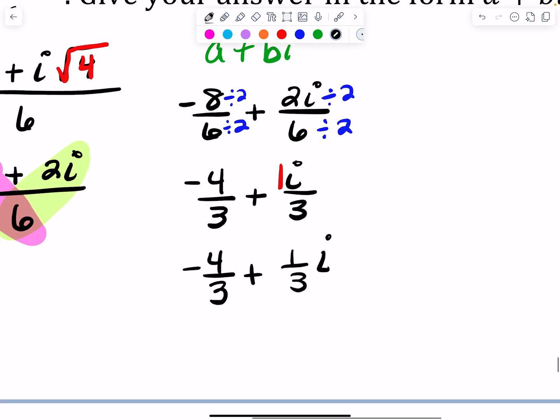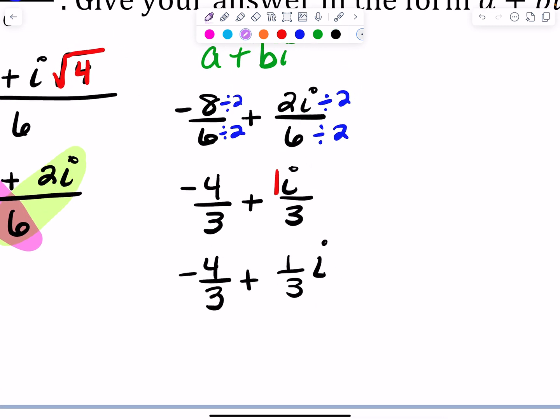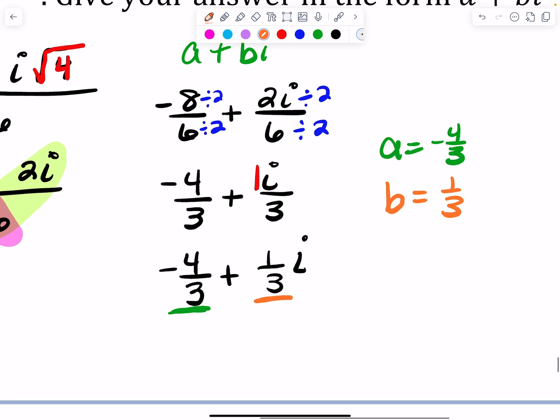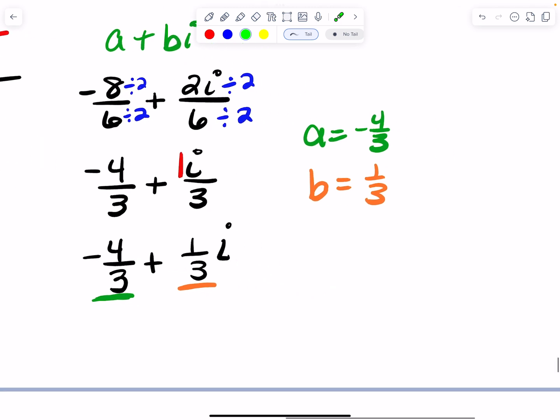So that shows us that a is negative 4/3, and then it shows us that b is 1/3. So having that i written on top of the fraction or beside the fraction is the same. You can't write it on the bottom. That is different.